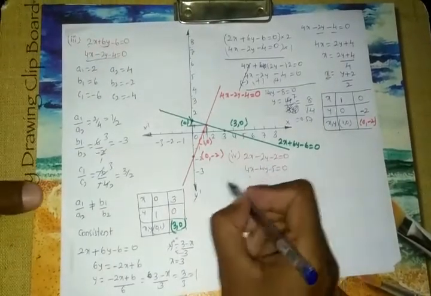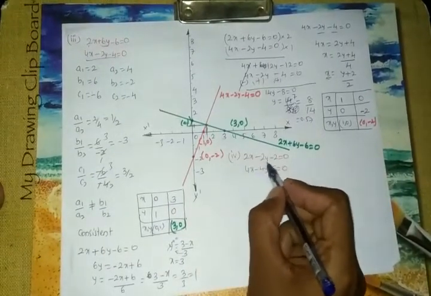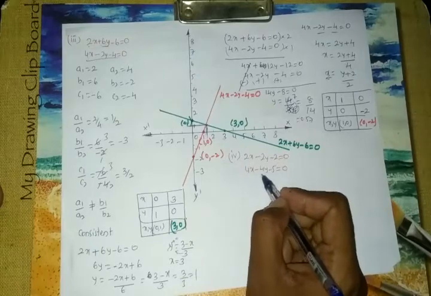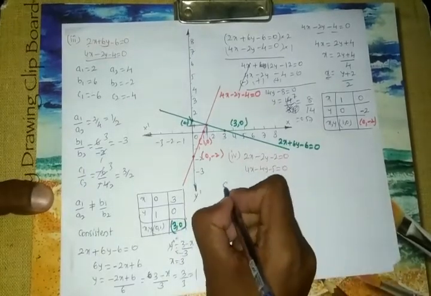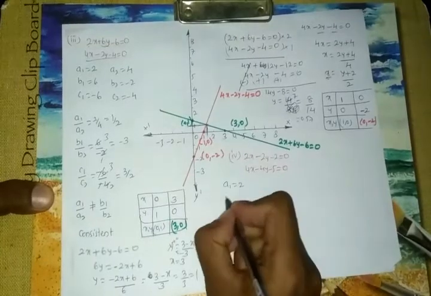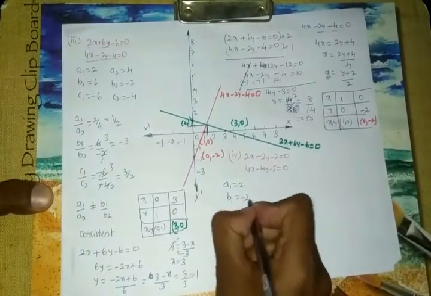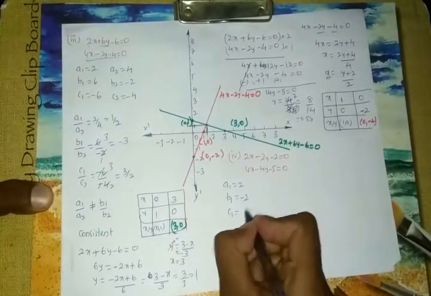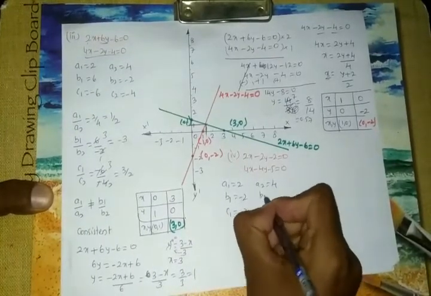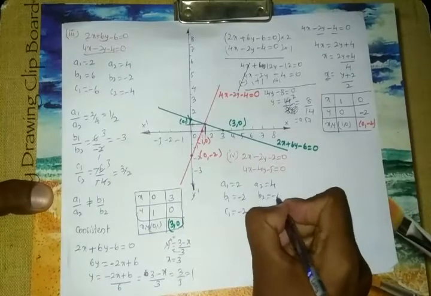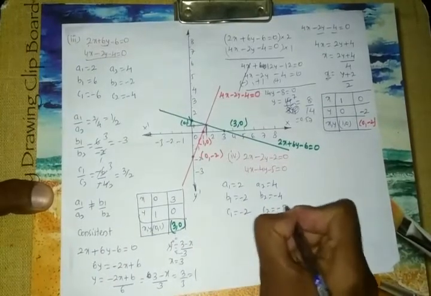Fourth one. So we have equations 2x minus 2y minus 2 equals 0 and 4x minus 4y minus 5 equals 0. So a1 is 2, b1 is minus 2, c1 is minus 2, a2 is 4, b2 is minus 4, c2 is minus 5.